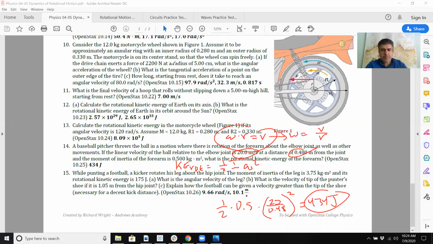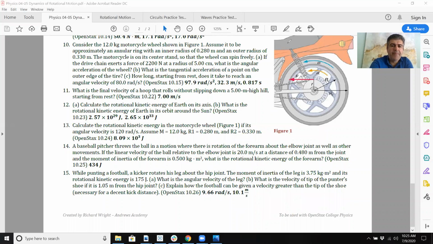Okay. So again, we have formulas to help us out. Remember, torque, tau, is your force times radius. We know this, right? Also, tau is I times alpha.